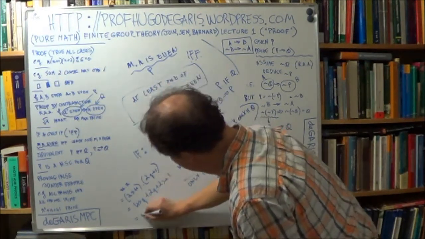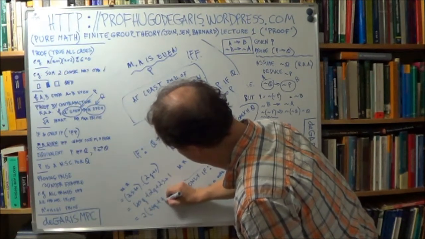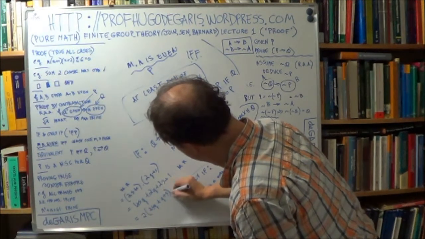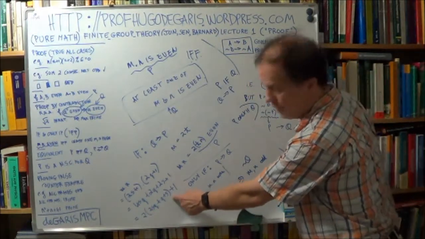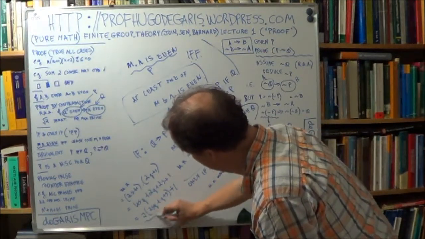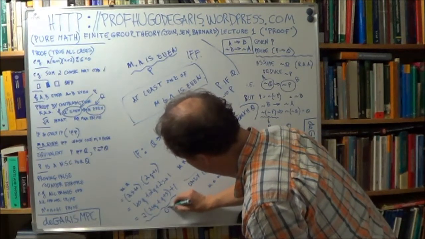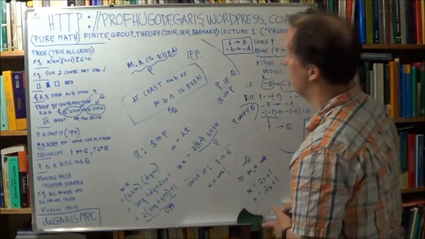And take out the 2's here, so you get 2(2sq plus q plus s) plus 1. This here is even, right? Plus 1, so it's odd. So mn is odd.